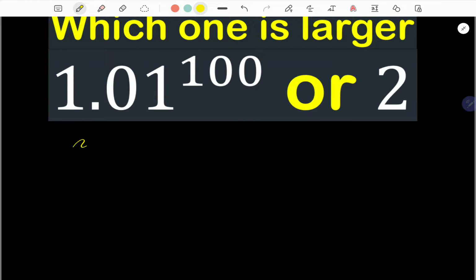We take 1.01 raised to the power 100. As we know, we can write this by multiplying 1.01 by itself 100 times, as its power is 100.